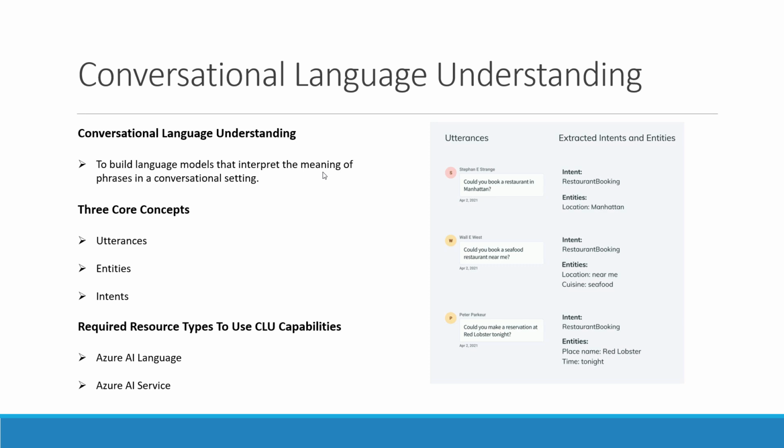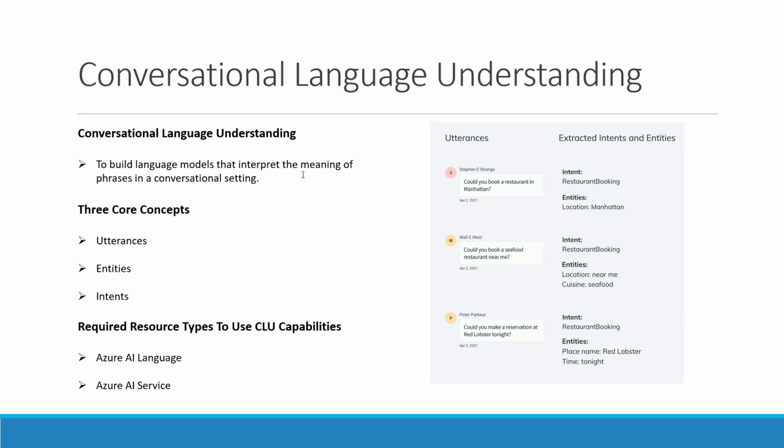Another example is home automation, where we want to switch on the fan or turn off the light using devices like Alexa or Google Home. When we put in an input like switch the fan on or turn on the light, that input is considered an utterance.